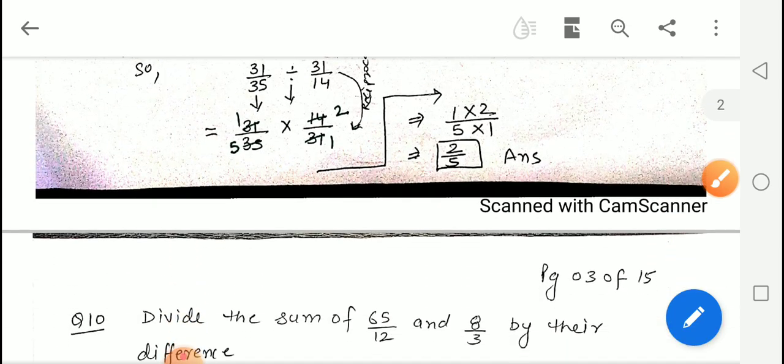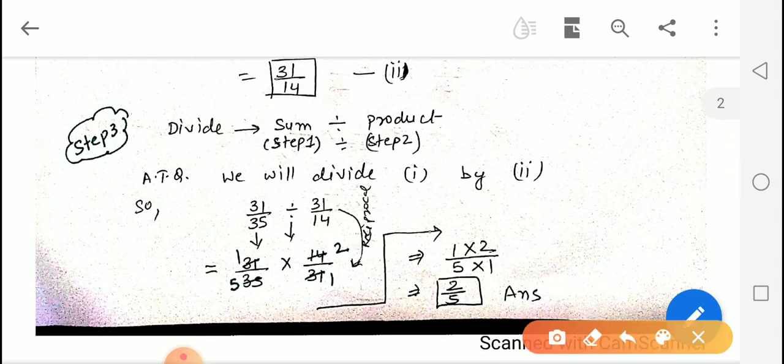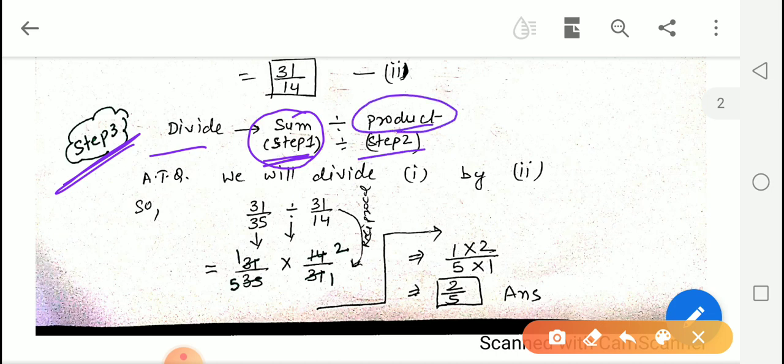Now in step 3, we have to divide the sum which is obtained in step 1 by the product which is obtained in step 2. So we will divide the first equation by the second equation. Here 31 upon 35 divided by 31 upon 14.